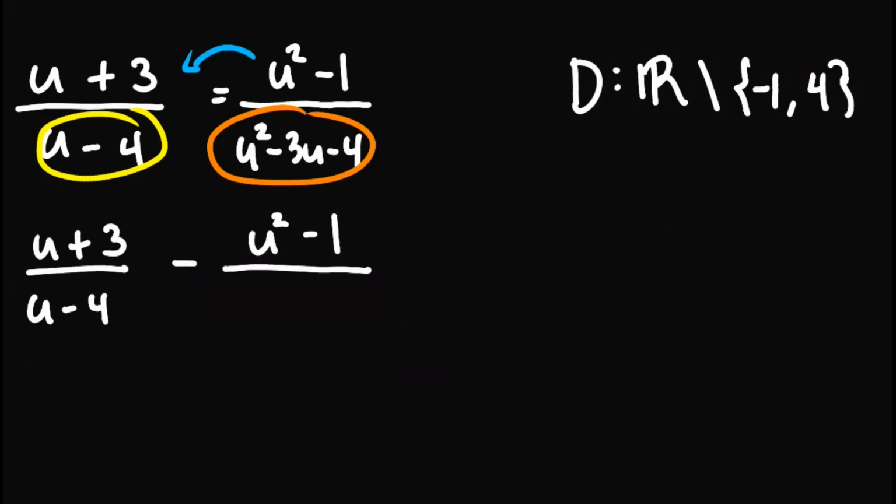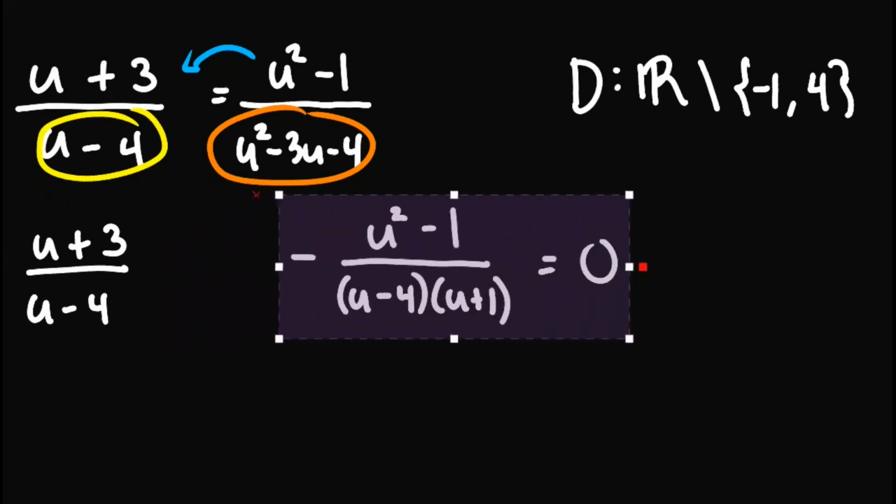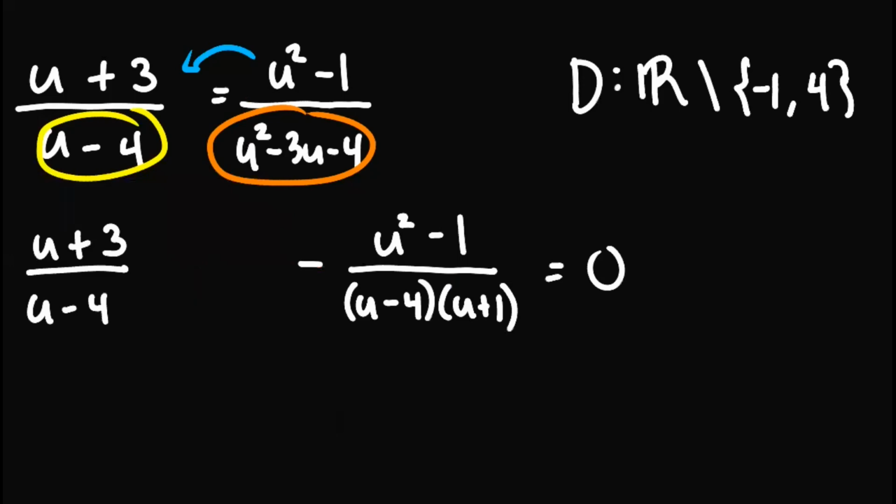From a while ago, we know that its factored form is u minus 4 and u plus 1. Since we have a common factor of u minus 4 out here, we'll simply need to multiply u plus 1 over u plus 1 out here.